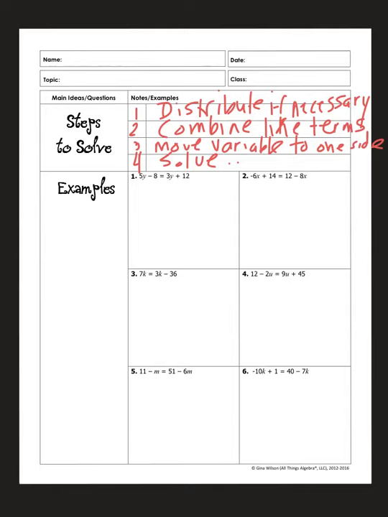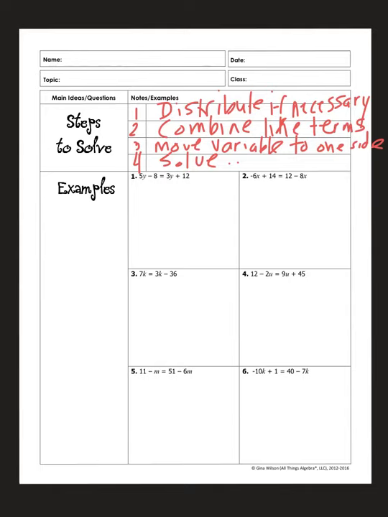Number 1, we do not have to distribute here, but we have variables on both sides. When I have variables on both sides, I try to move the variable to the side that will keep it positive. If I were to subtract 5y from both sides, this would make the y coefficient -2.